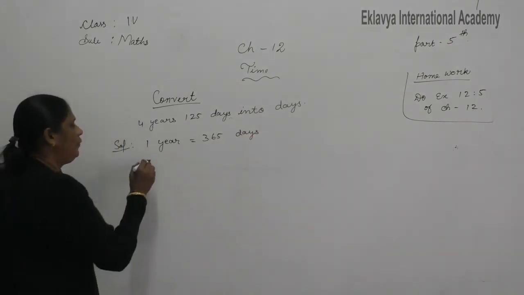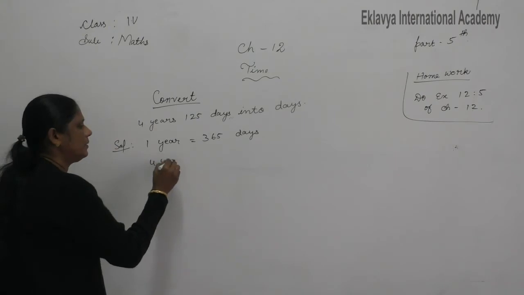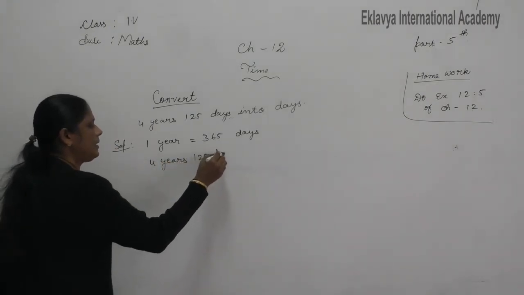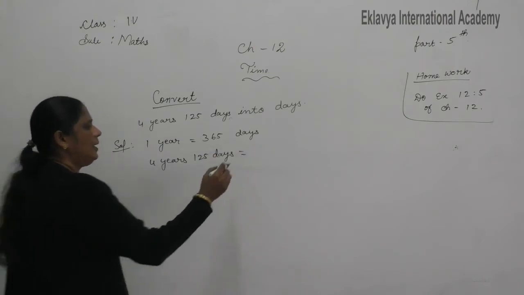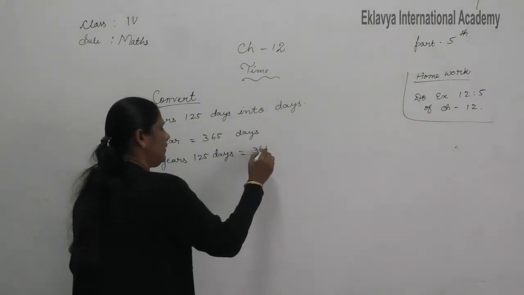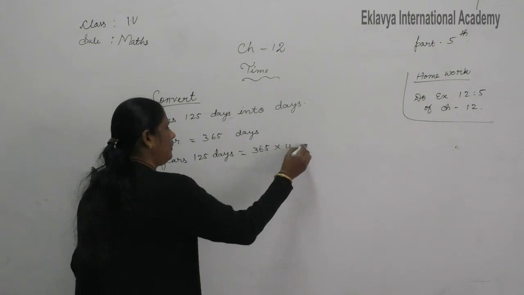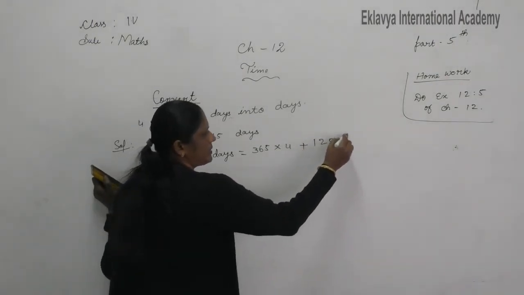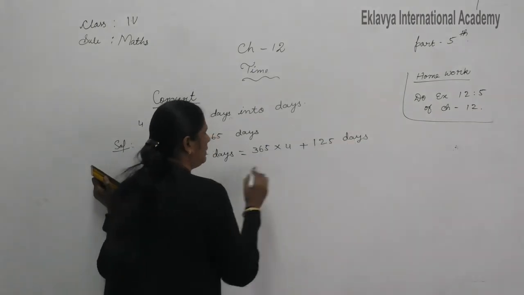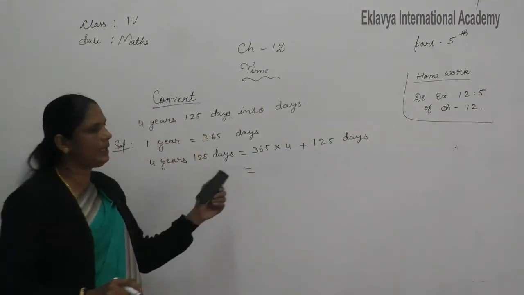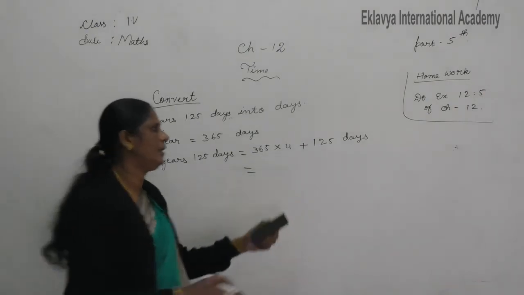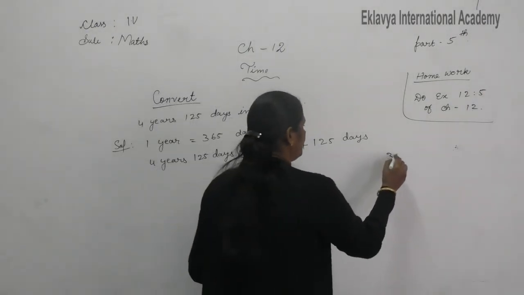Then 4 years, 125 days is equal to 365 multiply 4 plus 125 days.